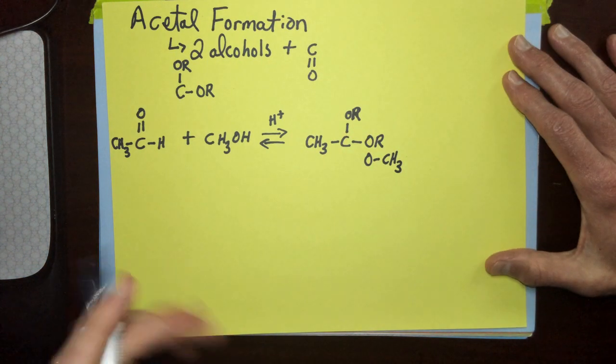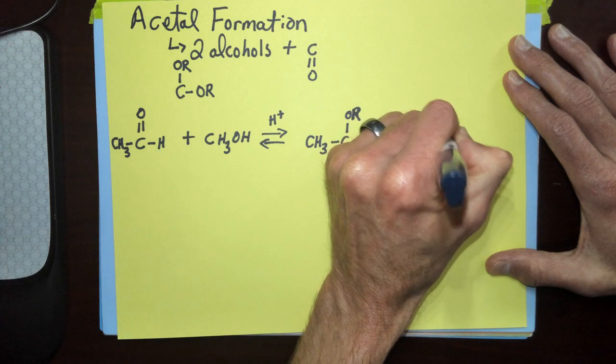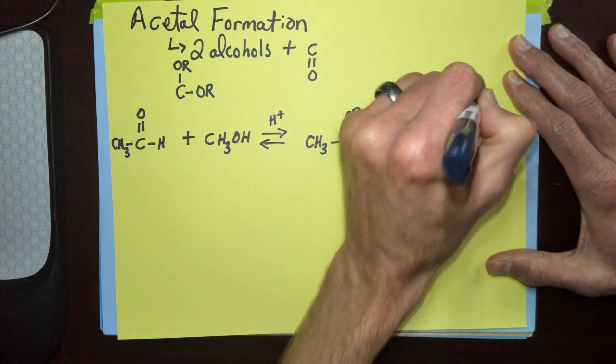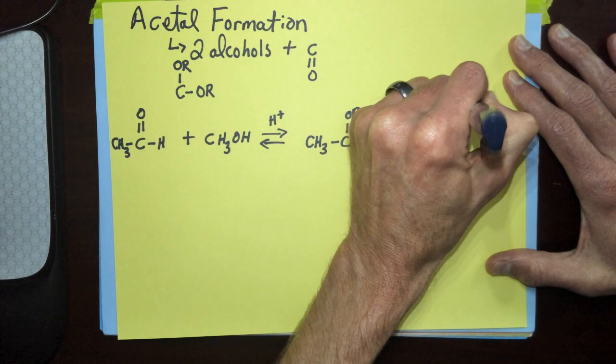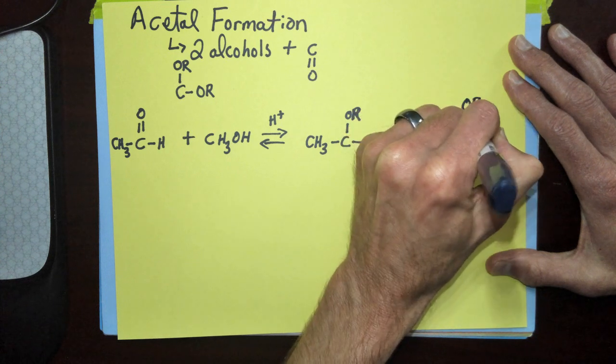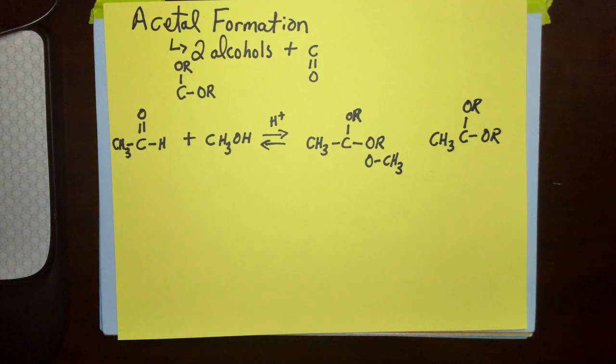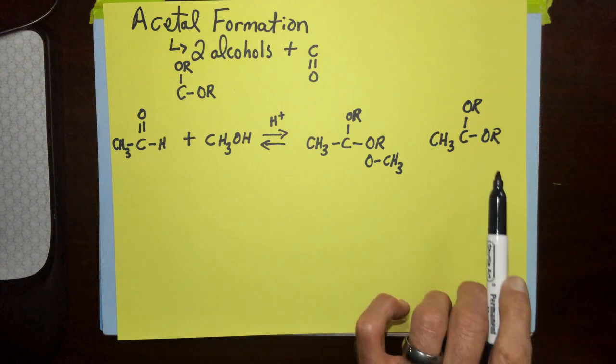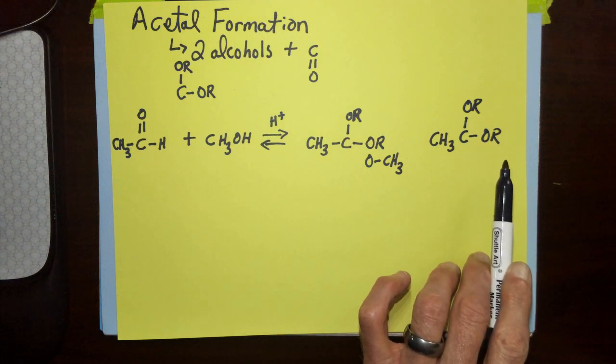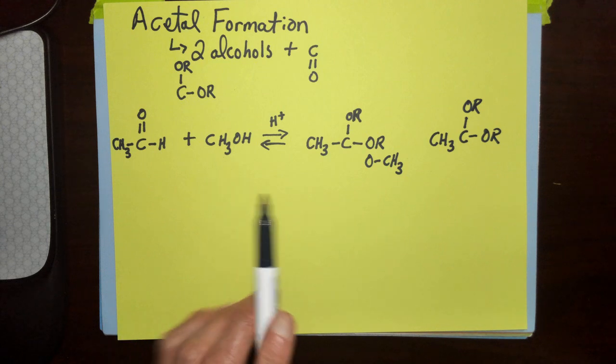So we get CH3, C, OR, and another OR. And both of these R's are going to be methyl.